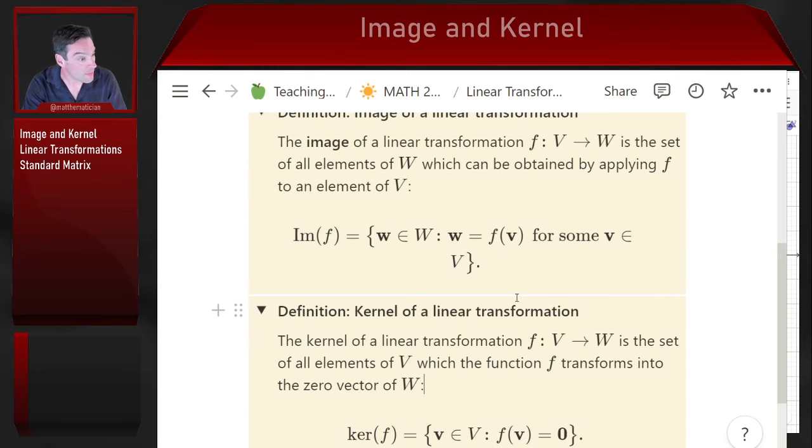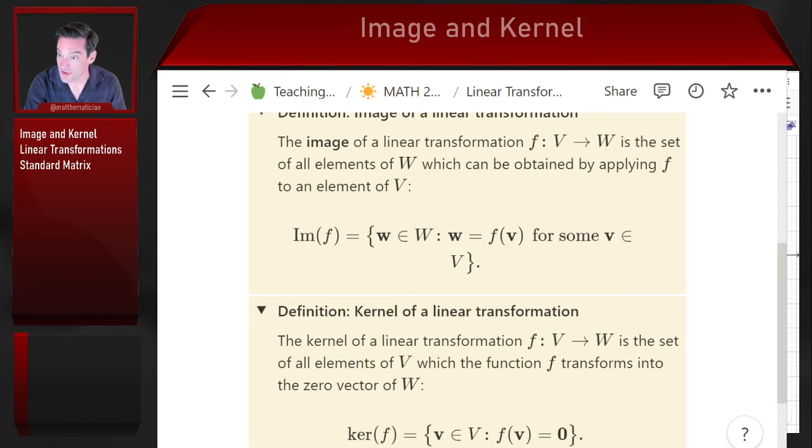Right? But in fact, fortunately for everybody concerned, a little bit more is true about kernels and about images. And the little bit more that's true is that both the image and the kernel of a linear transformation are themselves vector subspaces of the respective domain or codomain, whichever one we happen to be talking about.